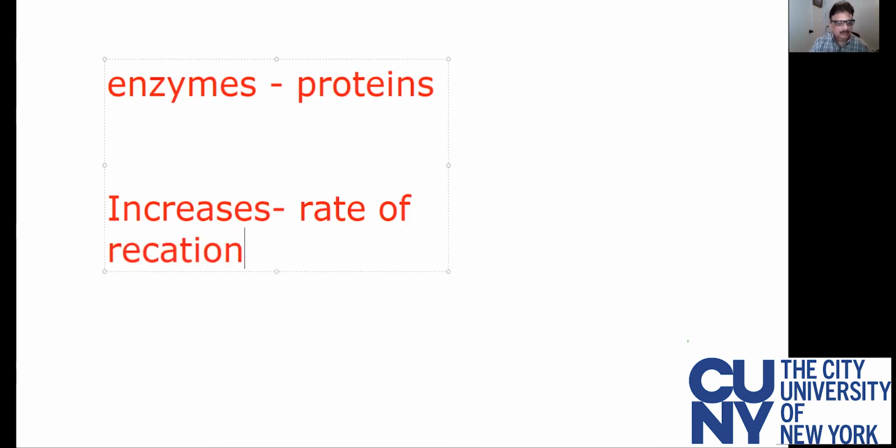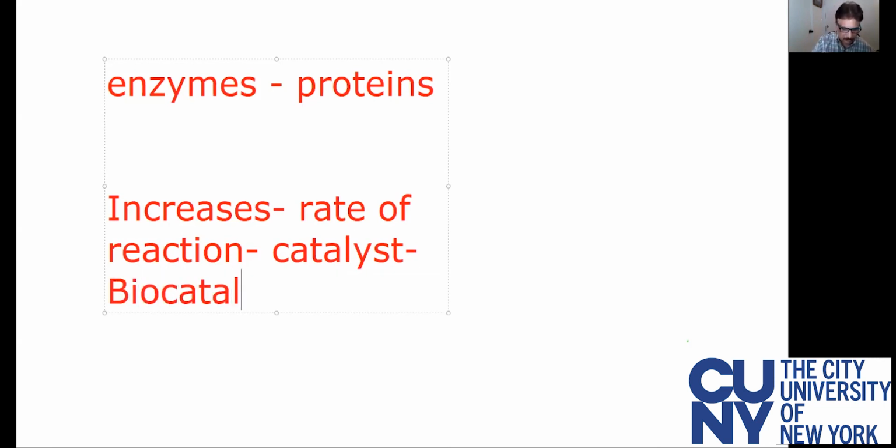Anything that enhances the rate of reaction is called a catalyst. Because enzymes support the life of a cell, they are called biocatalysts. Most of them are proteins, like metabolic enzymes. There are enzymes involved in protein synthesis. But as technology advances, we now know that some RNA also has enzymatic property. So enzymes increase the rate of reaction.